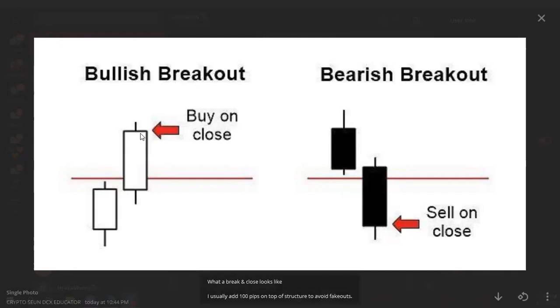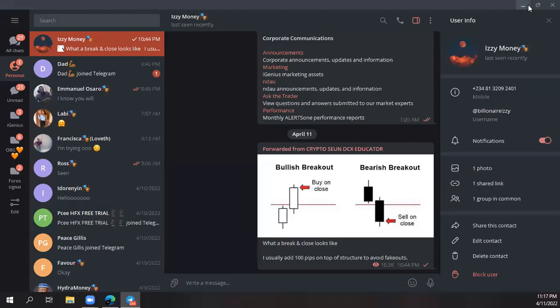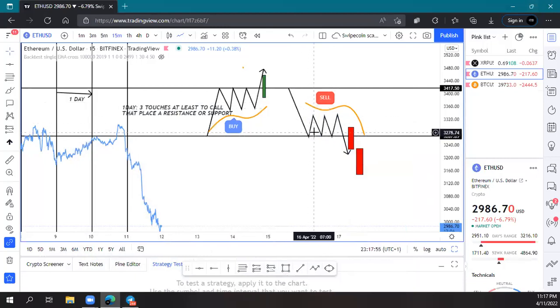So we simply take a buy on the close of this candle. Now, same thing for the sell. If we're looking for a sell, we are looking for the market to break through a support or a floor. So once the market breaks through and closes, what do we do? We enter for a sell, right? So the TP and the SL, I'm going to teach you guys how to calculate that. But for now, this is what we are actually talking about.